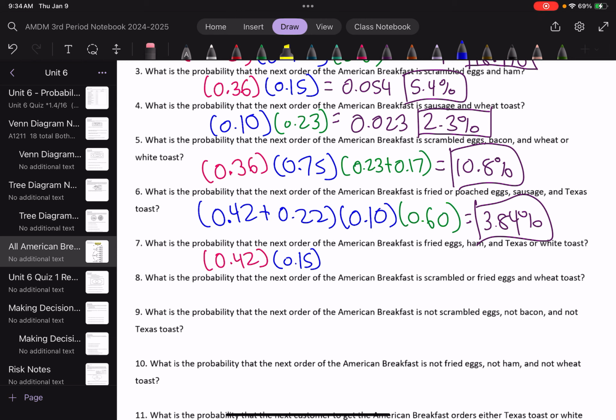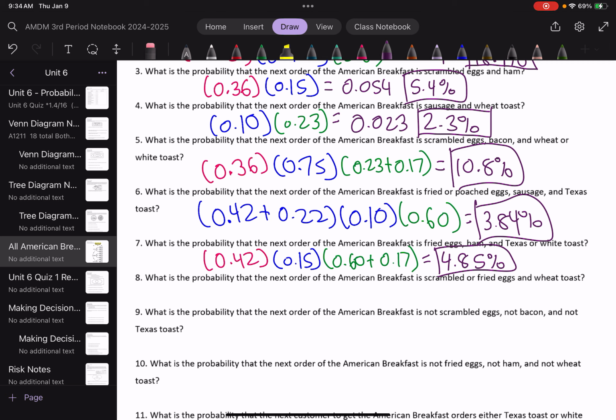Texas toast is chosen 60% of the time, and white toast is chosen 0.17 of the time. If I multiply those together, I will get something along the lines of a 4.85% chance of getting a breakfast with fried eggs, ham, and Texas or white toast.